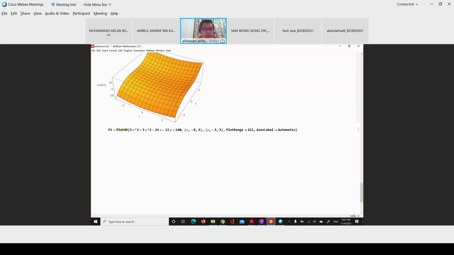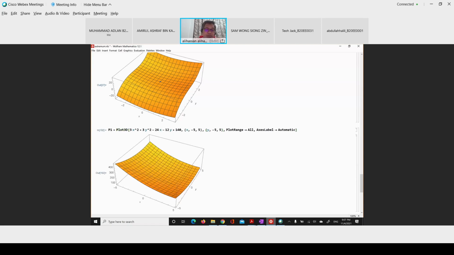So let's limit to this rectangular region. This region contains the minimum point (4, 2), so let's extend this to 5 so as to include the minimum point. Shift enter. See? It's already done.